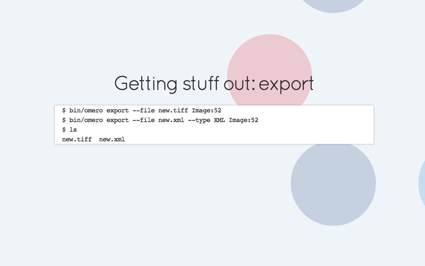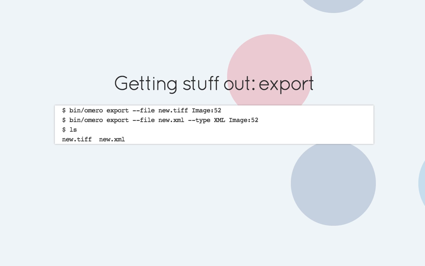So getting stuff out, well, one way we might want to get things out is to export data. So we can use export in a couple of different ways. We can export an image, and it will normally be exported as an OME TIFF file.